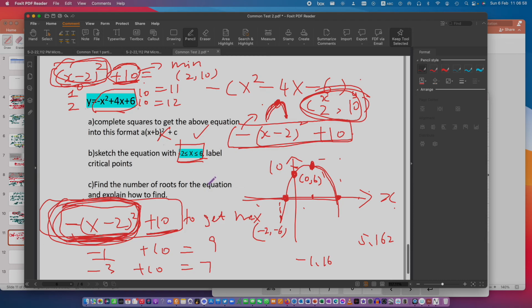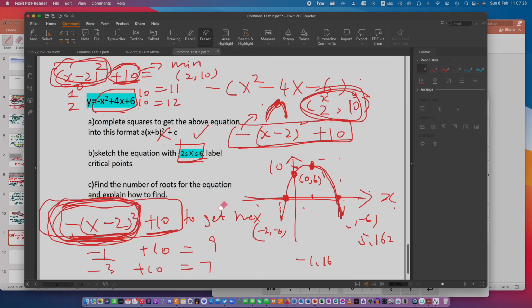Negative 6 also. Okay, good. So I'm not going to extend beyond these two. Are you clear? So that's how you sketch. Are you clear?